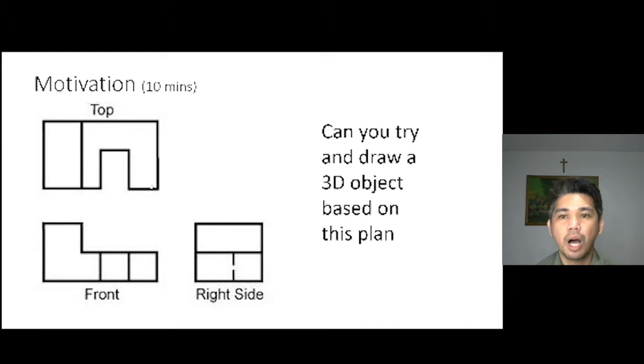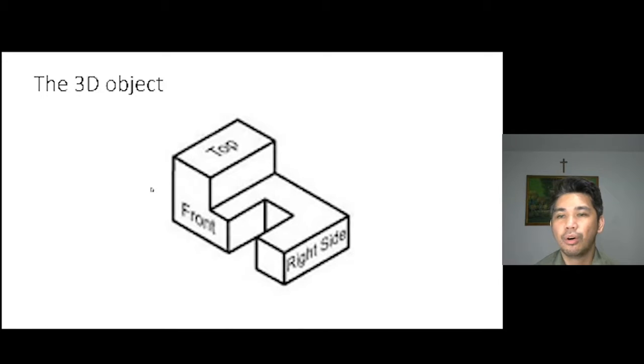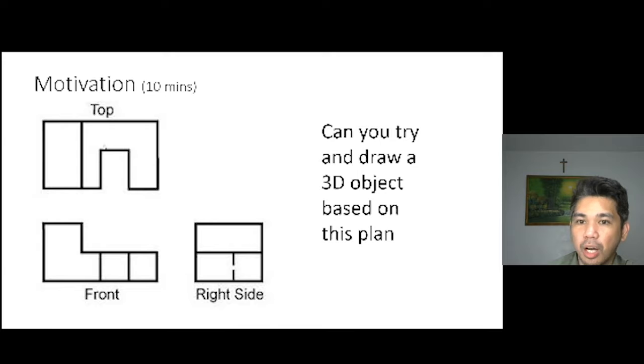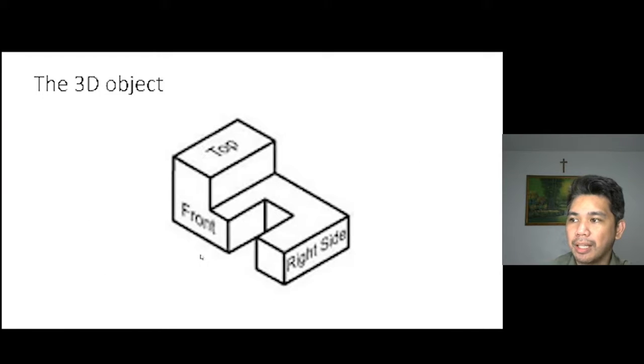Let me give you one example of a 3D model. Looking at this 3D object, based on the top, the front, and the right side, if you fold them, it will create something like this.